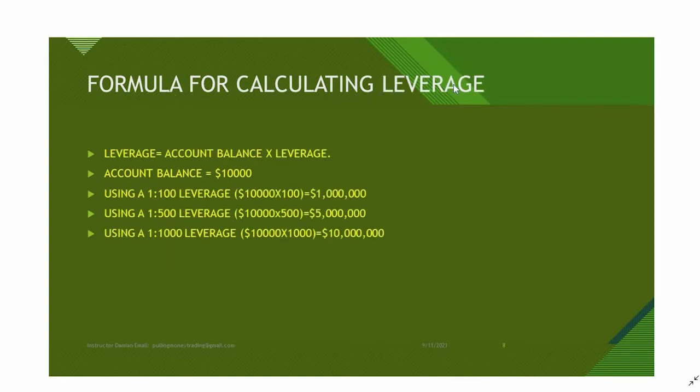Now, formula for calculating your leverage: leverage is equal to account balance times the leverage. So account balance is 10,000. Using a 1 to 100 leverage, you multiply the 10,000 by the 100, which is equal to 1 million. Using a 1 to 500 leverage, 10,000 times 500 is 5 million. Using a 1 to 1000 leverage, 10,000 times that is 10 million.